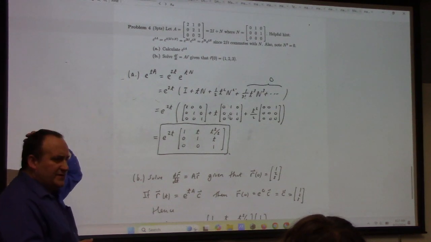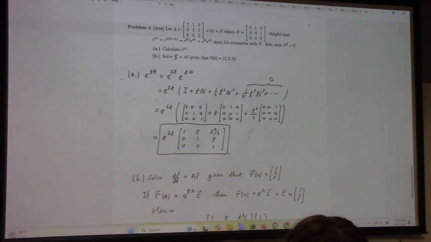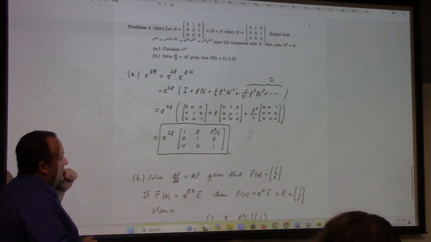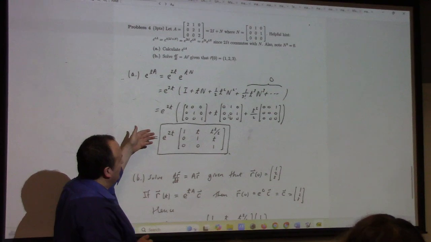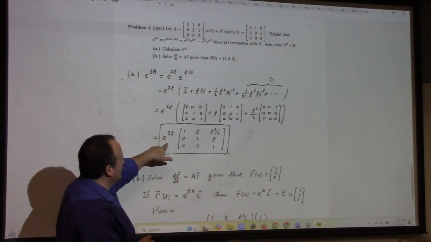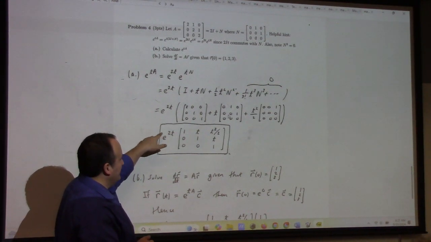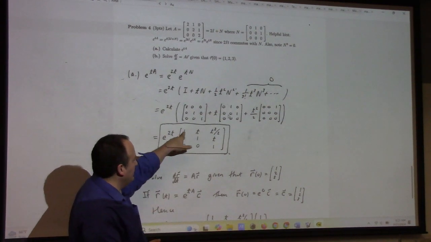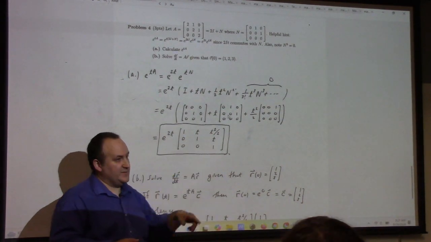So you do need to know the definition of the matrix exponential as a series. And you do need to not be afraid to try to calculate that. You've had calculus too. You know what a series is, and you can do those calculations, all right? So that is part of this course. Anyway, this is how it works out. I left the e to the 2t outside because it doesn't give me joy to write e to the 2t six times.